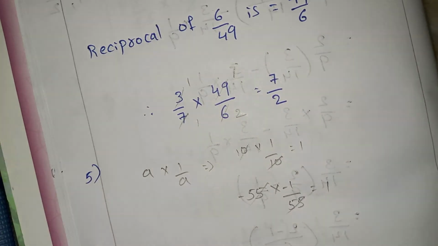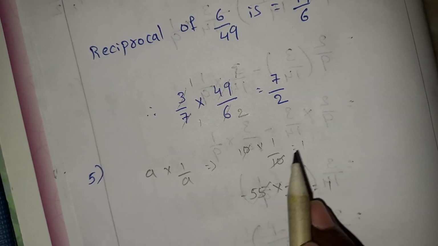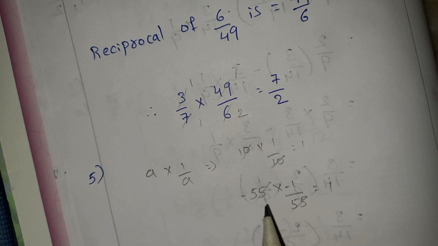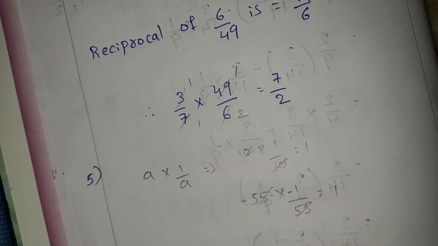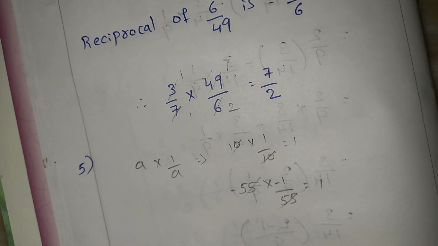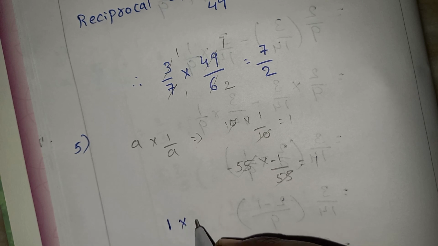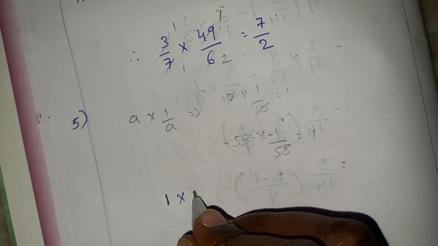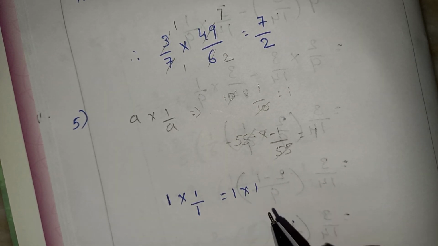Right? So for the number 10, the reciprocal is 1 by 10. For 100, the reciprocal is 1 by 100. For 55, the reciprocal is 1 by 55. But for one number, the reciprocal is the same. What is that number? It is the number 1. 1 into 1 by 1, you can write 1 into 1 only, right?